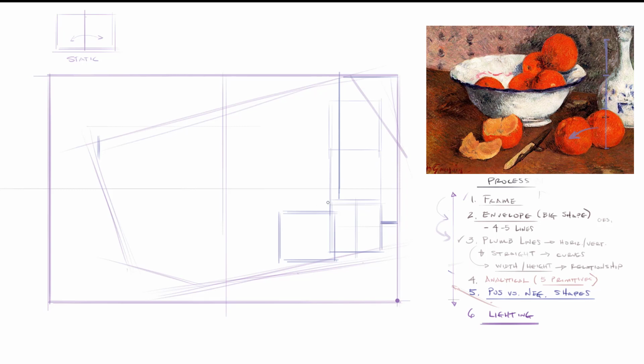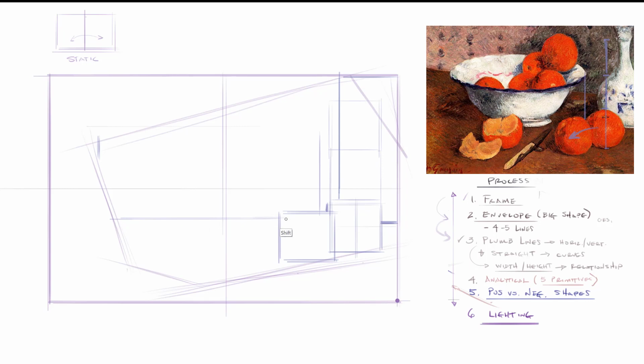Where the oranges split, or where there's the overlap, if I go just above that, that's where the lip of the bowl is. So that would be kind of up here. So that helps me kind of place the bowl. The bottom of the bowl is in line with just below the top of this orange here.